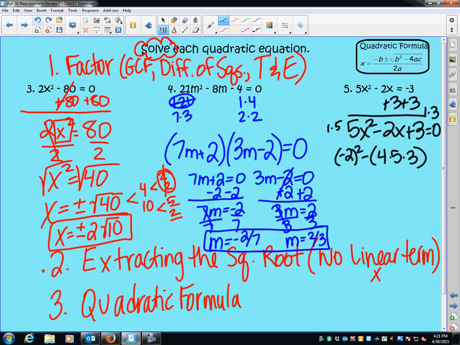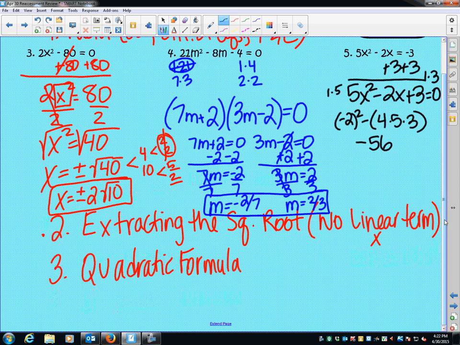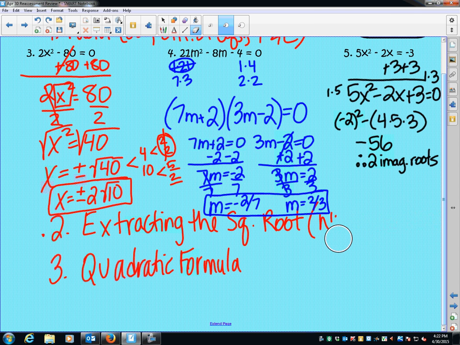And I'm going to get my discriminant, and that's going to give me an idea of what kind of answer I should be expecting. All right, so that gives me negative 56. So that tells me I'm going to have 2 imaginary roots, which also should indicate that I'm going to have an i in my answer, because my discriminant is negative.